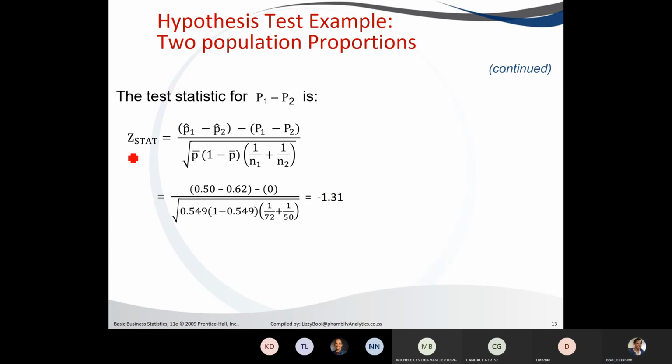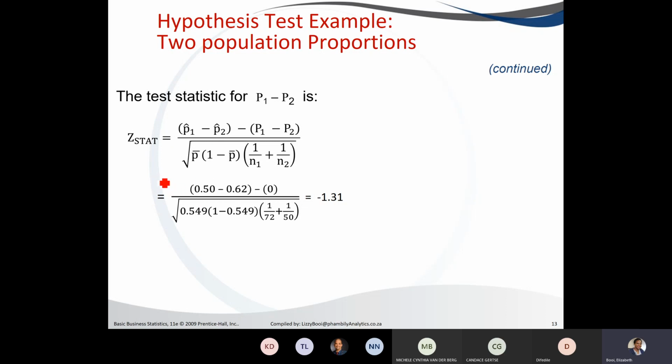So our sample proportion 1, we calculated it for men, it was 0.5. For women, it was 0.6. We know that the difference between the two populations is equal to 0. So it's just going to be 0.